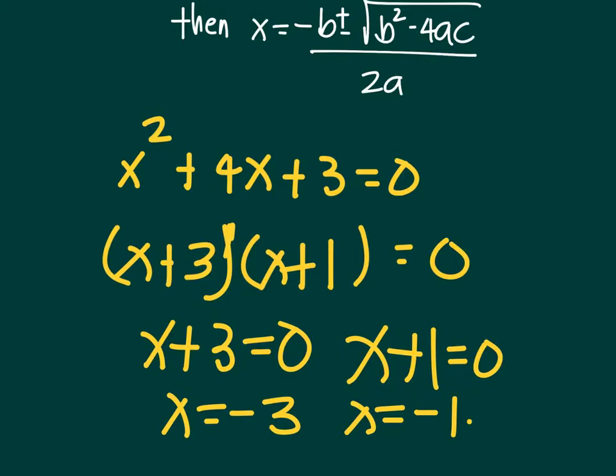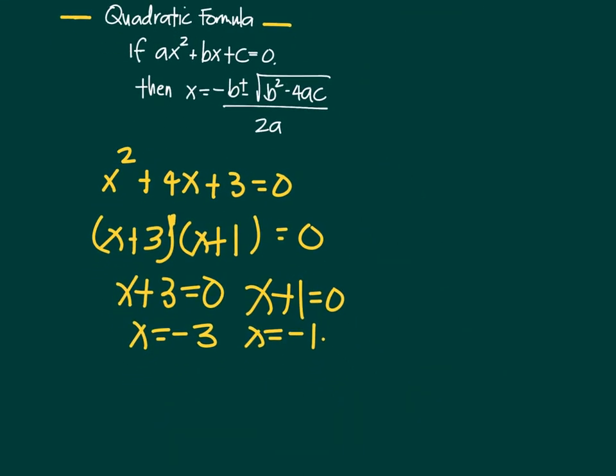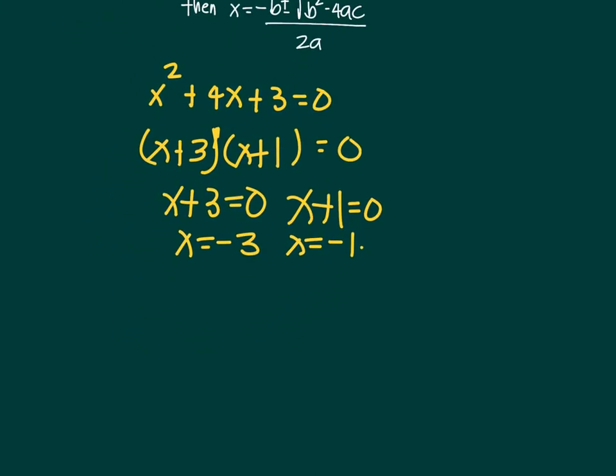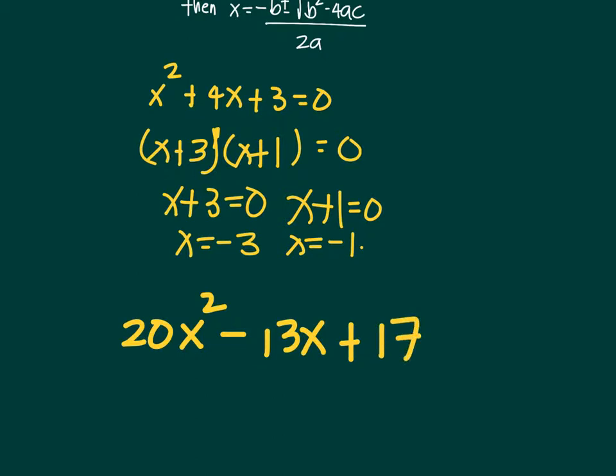Now sometimes factoring is not as easy for some expressions. For example, if I have 20x squared minus 13x plus, say, 17 is equal to 0, the factors you need for 20x squared minus 13x plus 17 are not obvious anymore, and it's even possible that you cannot factor this expression.